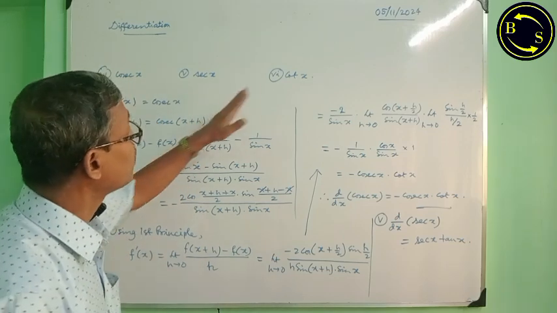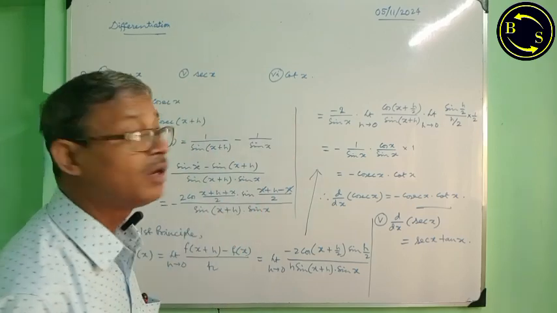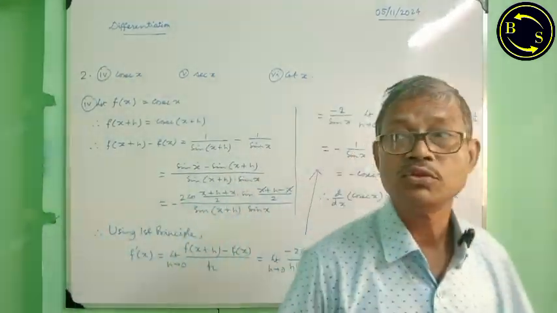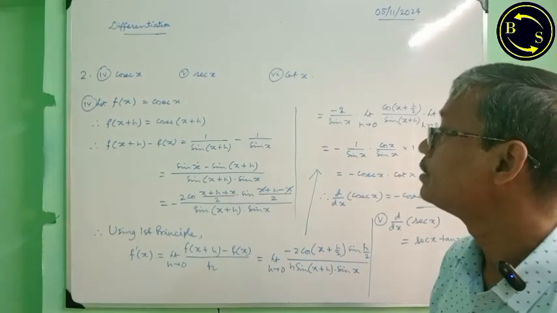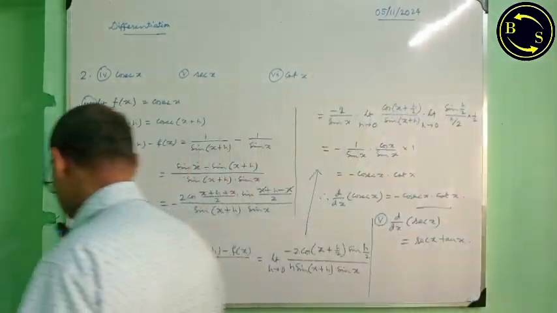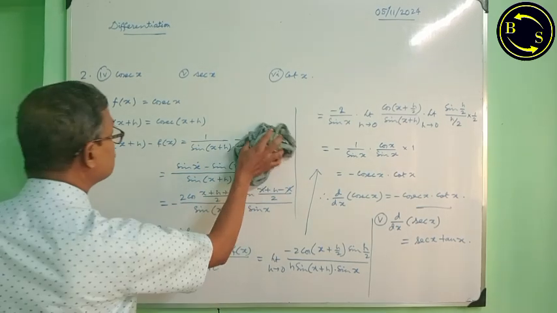Next, I work out number 6, that is derivative of cot x. Though that will be similar to finding the derivative of tan x, I am working out that.